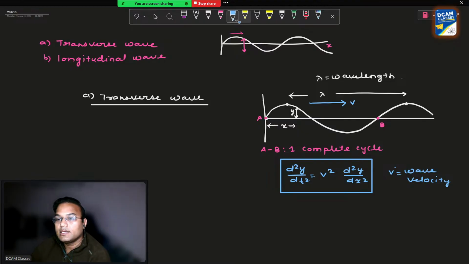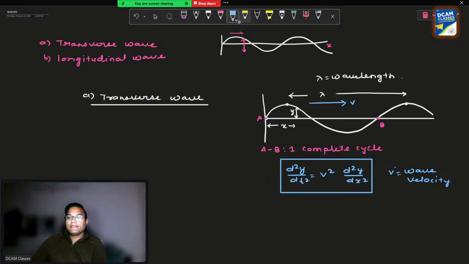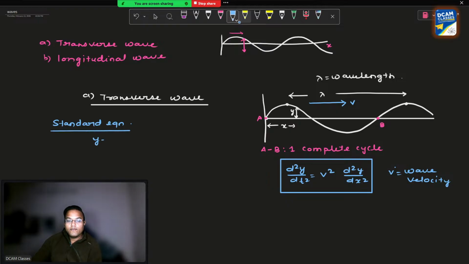If any of the equations satisfies this one, then that is a wave equation. So the standard equation for a transverse wave is y is equal to A sin(kx minus omega t).